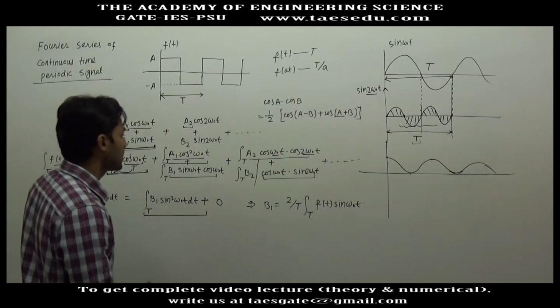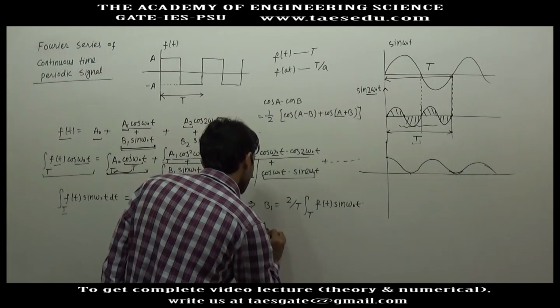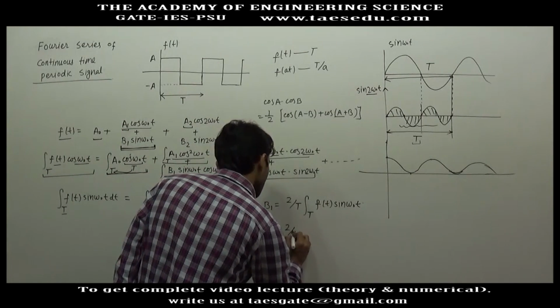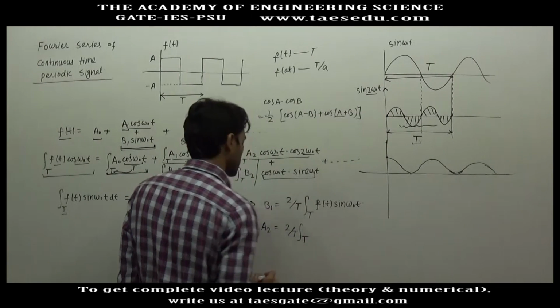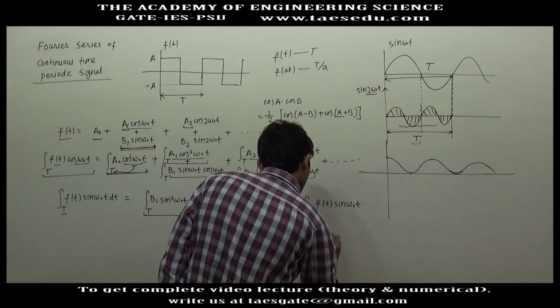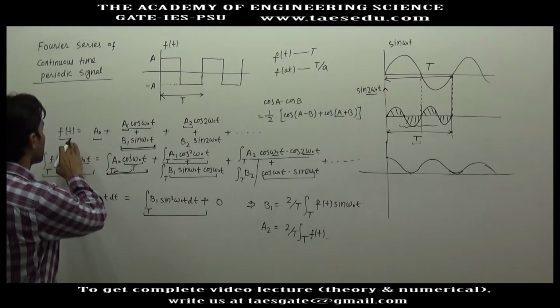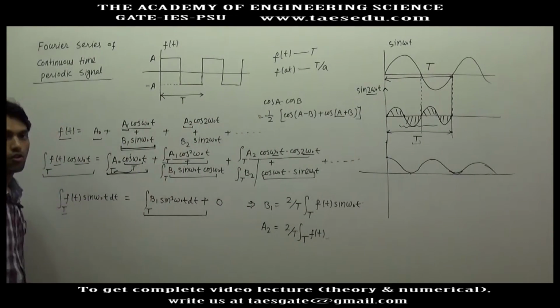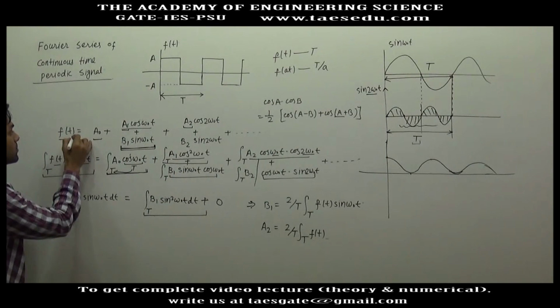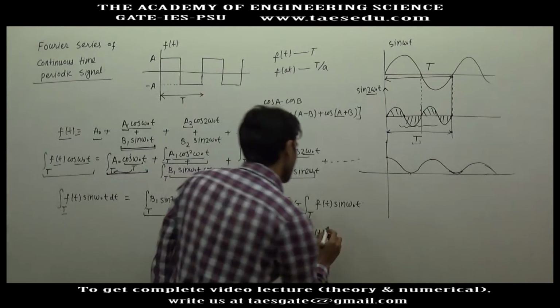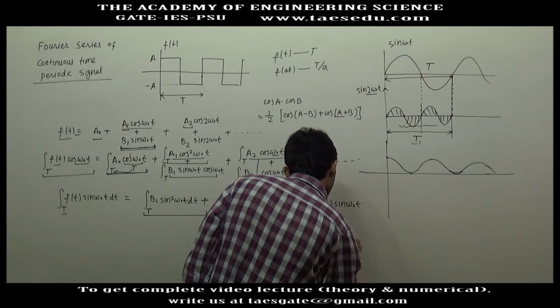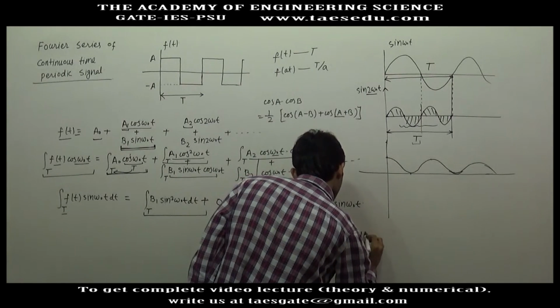So in that way we can get a2 as 2 by T integration for a duration of T, f(t), and you will multiply both sides with cos 2 omega naught t. So in the multiplication here you will get cos 2 omega naught t dt.